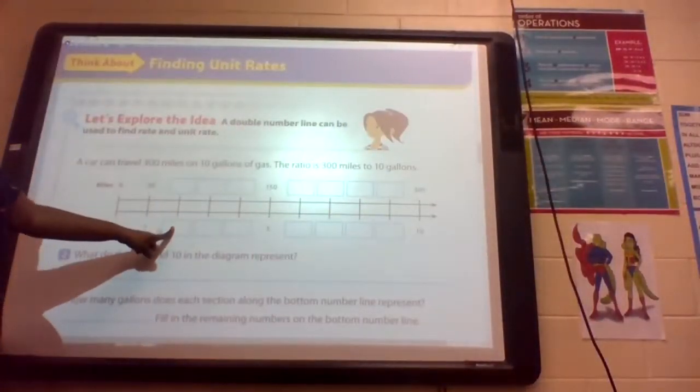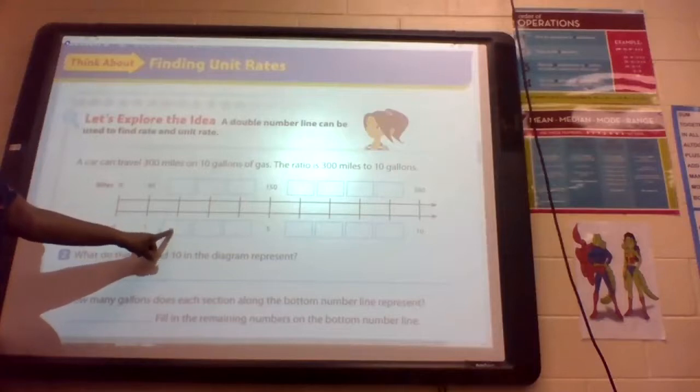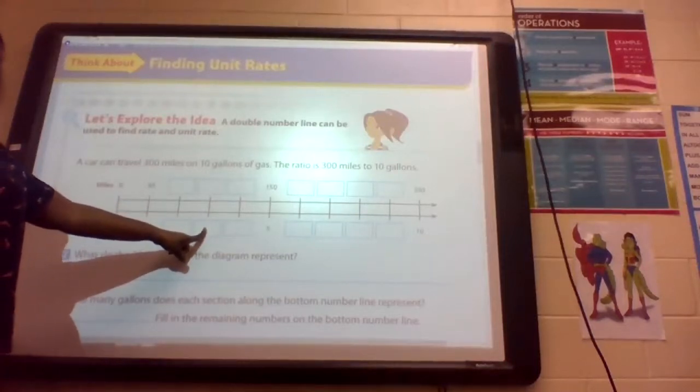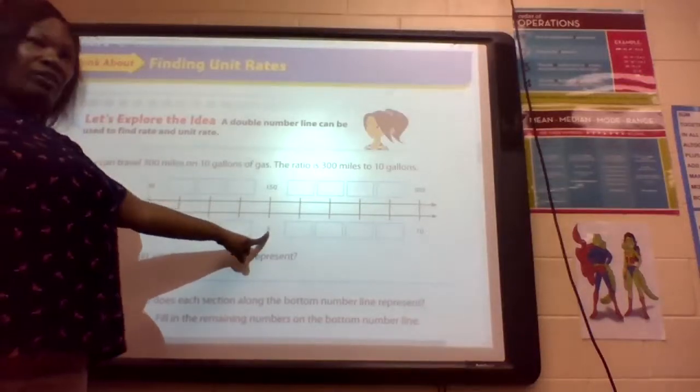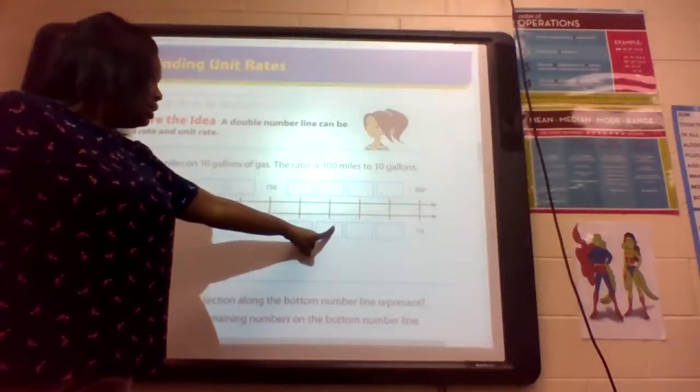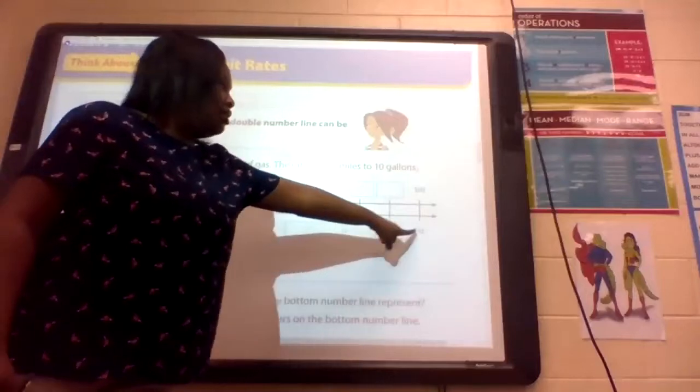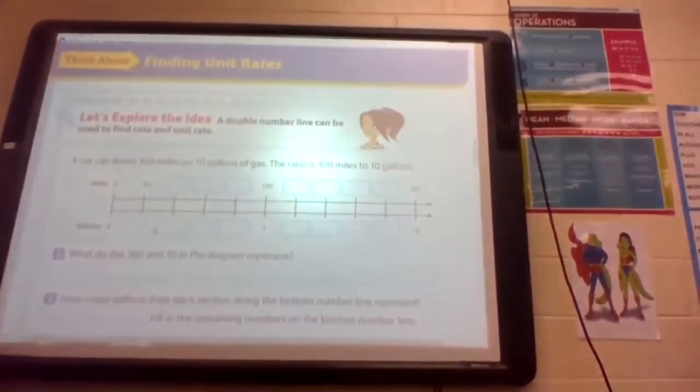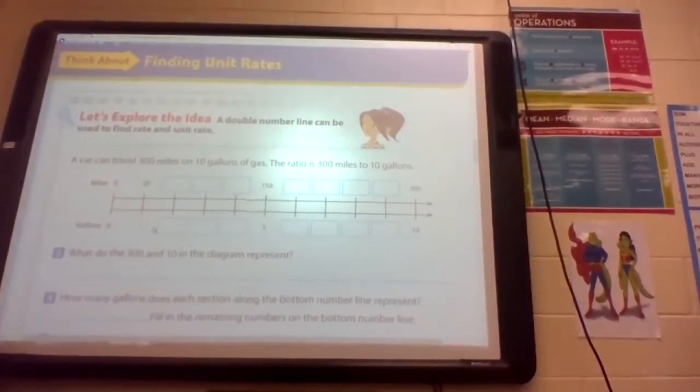So what will go here? 2. What will go here? 3. 4. 5 is already here. 6, 7, 8, 9, 10 is there. All right. So fill out the bottom part. We're on page 12 and 13.